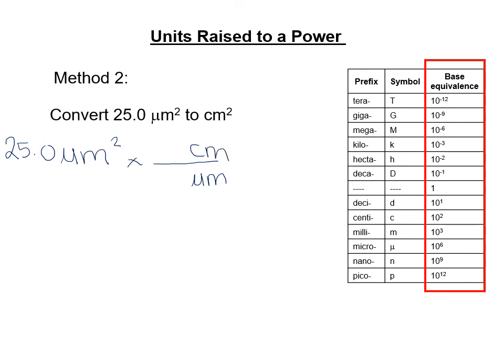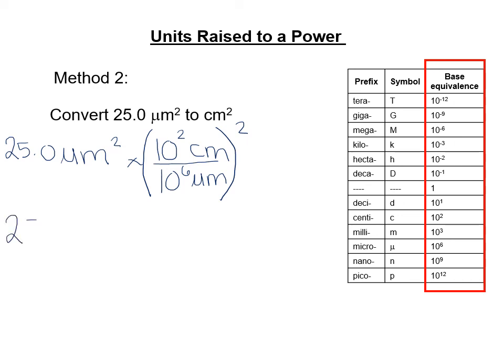The base unit for centi is 10 squared. Micrometers is 10 to the 6th, okay? And then because it's squared, I also square this conversion here.